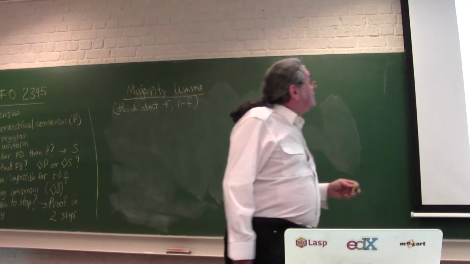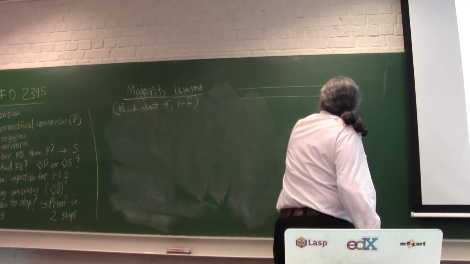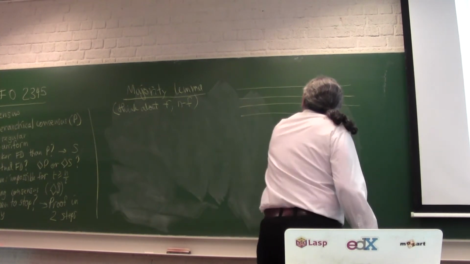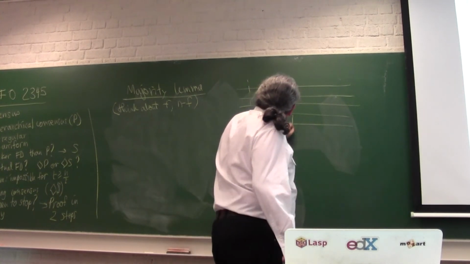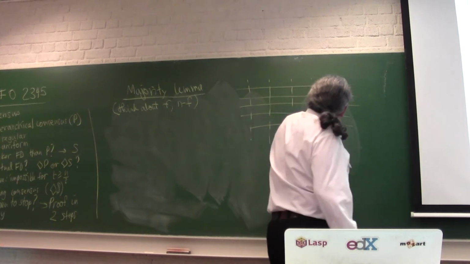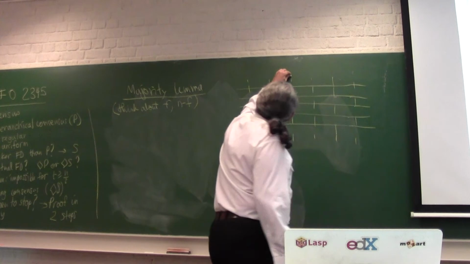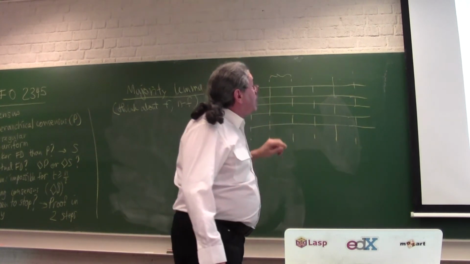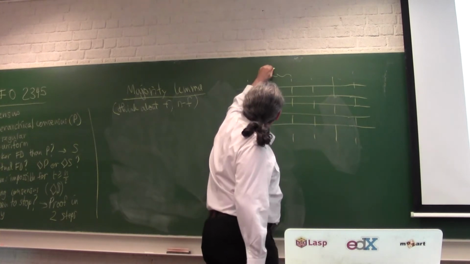We can prove it. Let me first make a diagram to show you what it means in the execution. Here we have rounds, many rounds, and it goes on for a long time. Assume here we have n minus f vote v.